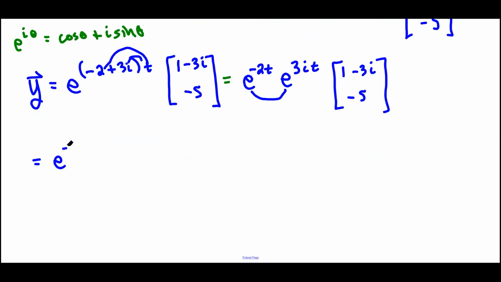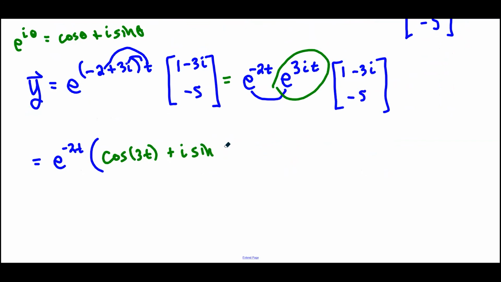So this is e to the negative 2t times, I'm going to use Euler's formula just here, just on this guy. So my theta is now 3t. That's my angle, i times 3t. So it's going to be cosine 3t plus i sine 3t, and then times the vector.